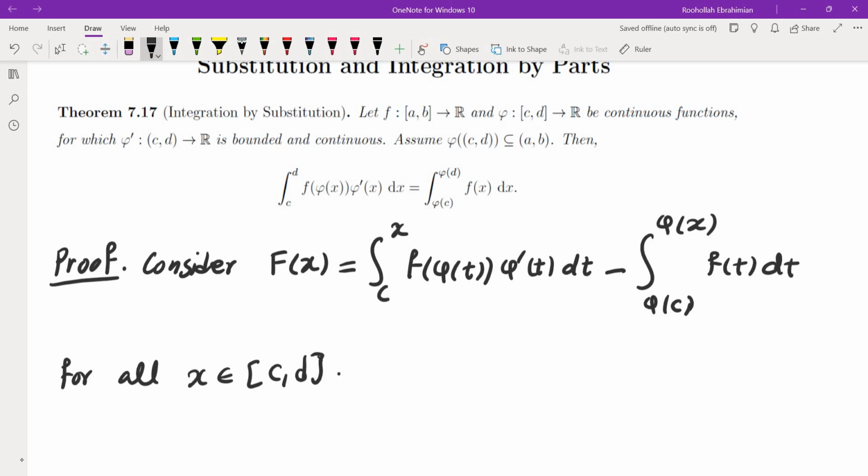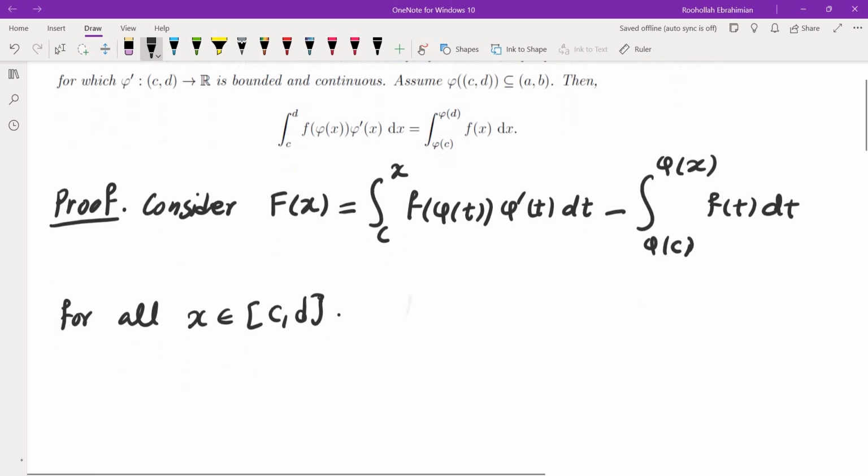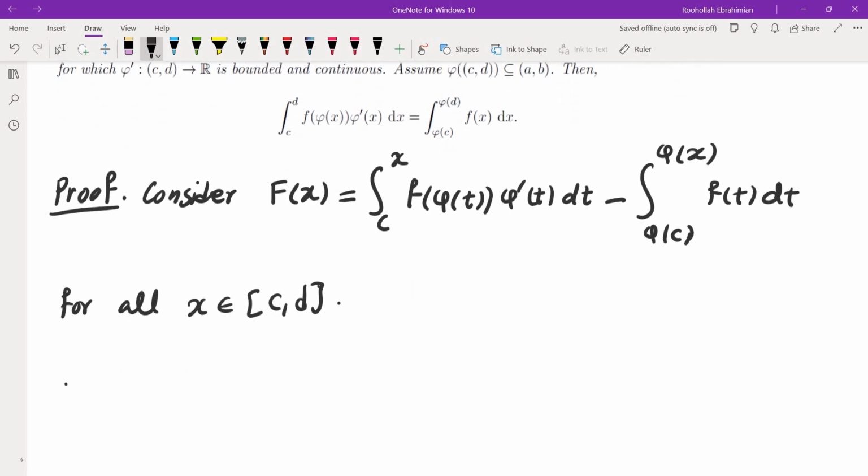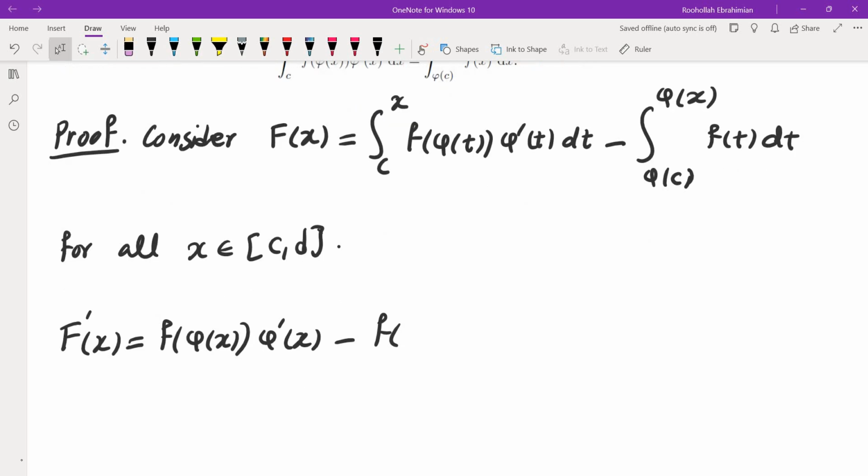Notice that if you take the derivative of this function, F prime of x becomes f of phi of x times phi prime of x, minus, the second one is also the same, f of phi of x times phi prime of x. The reason is a theorem that we had learned before.